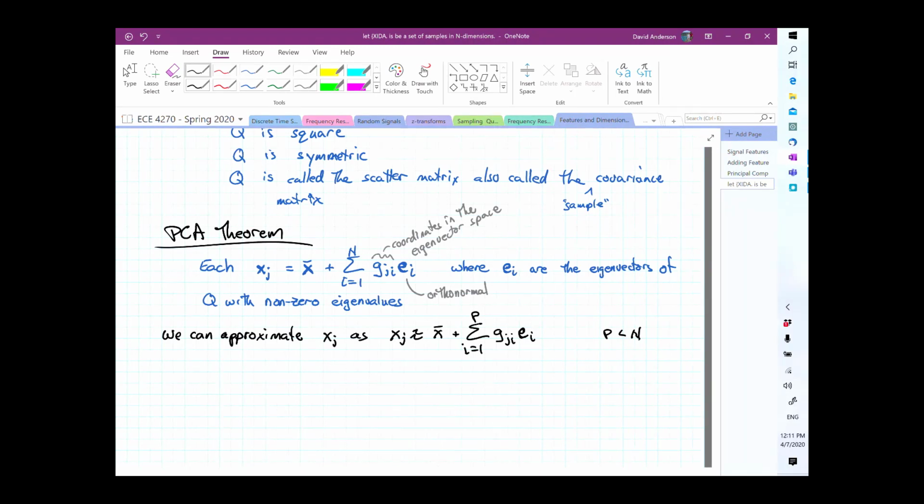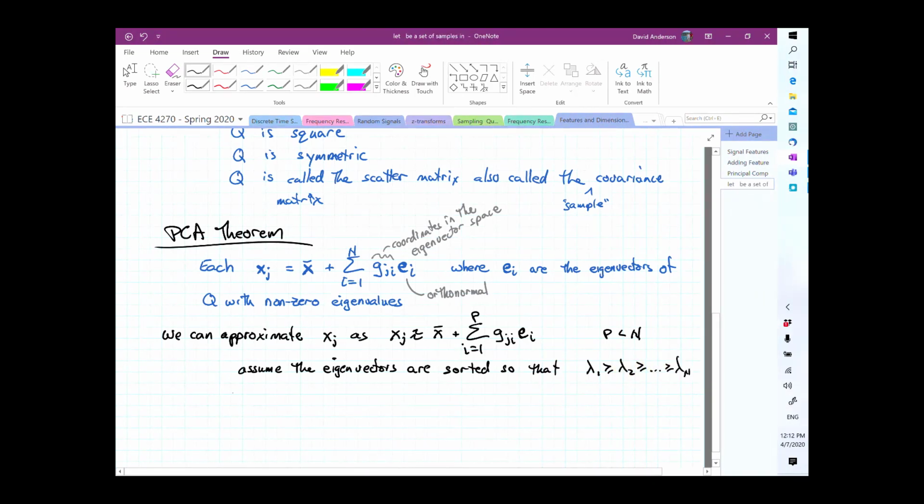In many cases, many of the eigenvalues are small, usually those associated just with noise spread, while a few eigenvectors are very large. And in this case, by the way, we must assume the eigenvalues are sorted so that lambda 1 is greater than or equal to lambda 2.